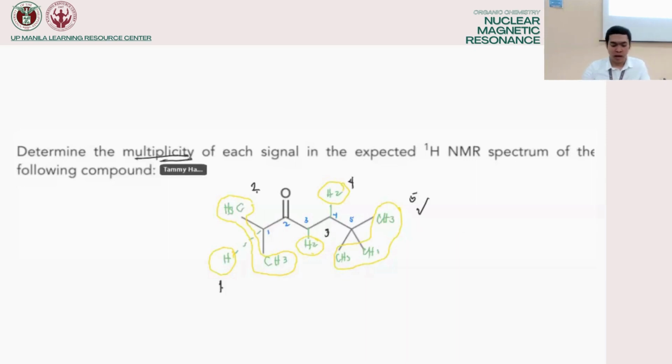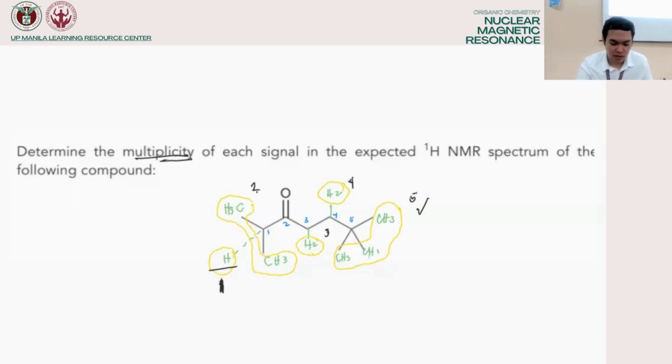Okay? So let's now go to the multiplicity. Let's focus on hydrogen. Okay? How many neighboring atoms or hydrogens ang meron dito? How many? So ito ang medyo complicated with the analysis. Hindi pwede ang none. Bakit hindi pwede ang none?